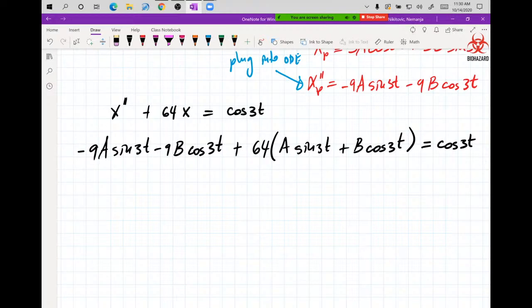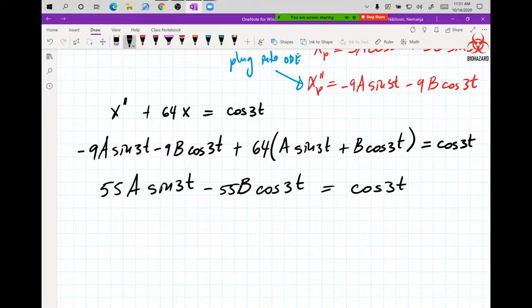So 55a sine 3t. And then I have minus 55b cosine 3t is equal to cosine 3t.